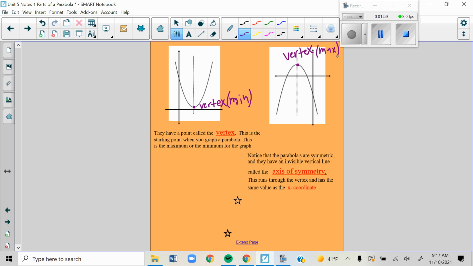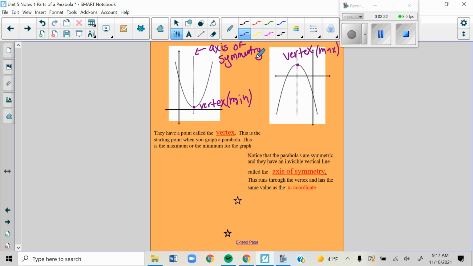Next, we're going to move that down a little bit. Notice the parabolas are symmetric. So remember, symmetric is something that is the exact same on both the right side and the left side. So they have this invisible vertical line that's called the axis of symmetry. And so here is our axis of symmetry.